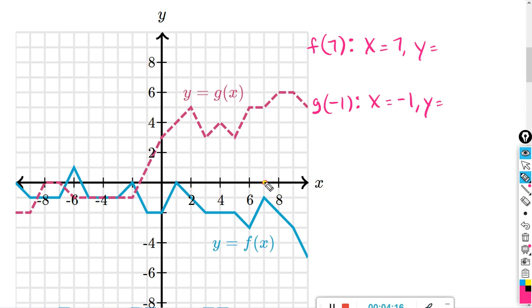We go to x equals 7. Trace it down to the graph. It meets it right there. And the y coordinate for that point, we have to go to the left. We can see if this is 0, this is -1. So y equals -1.